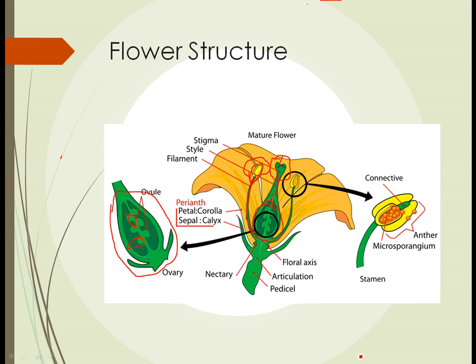The pollen grain then opens and releases sperm cells which travel down through the style, make their way to the ovary, and fertilize the eggs contained in the ovules.